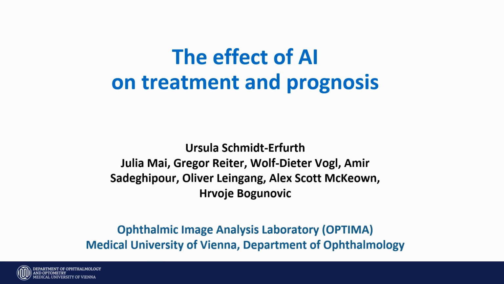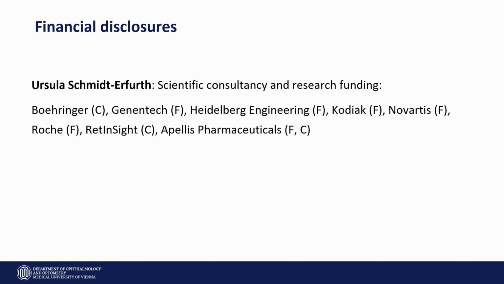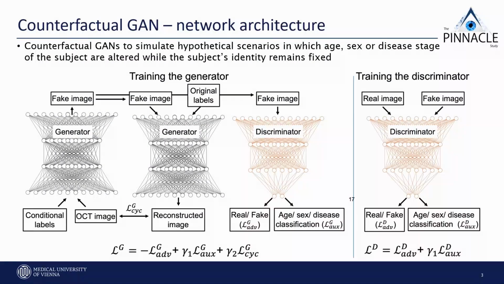My name is Ursula Schmidt-Erfurth from the Department of Ophthalmology in Vienna, and it is my pleasure to talk to you about the effect of AI on treatment and prognosis. Fancy AI-based tools can do very fancy things.